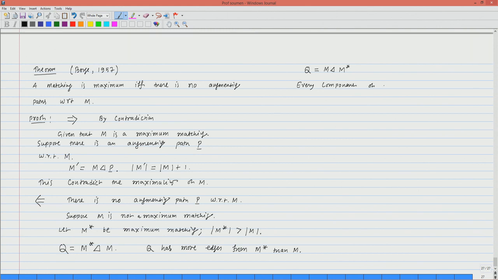This is the theorem or result that we proved just now.